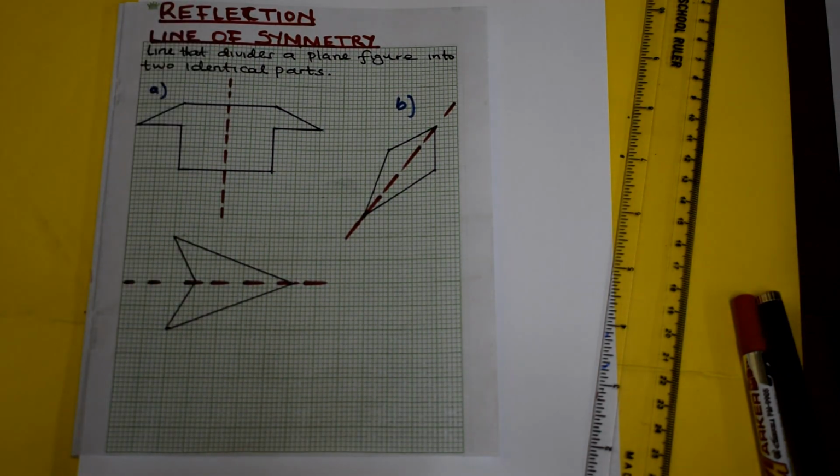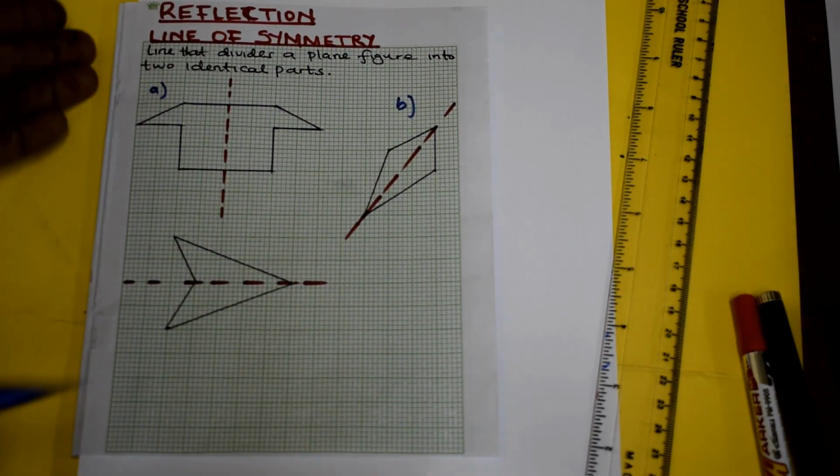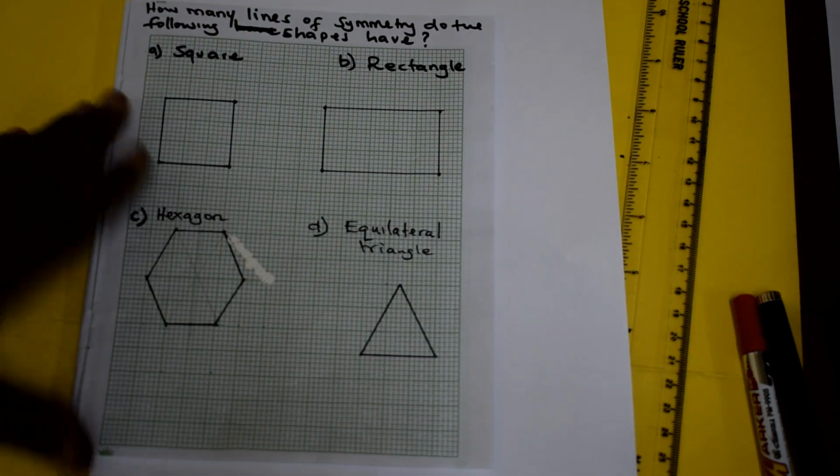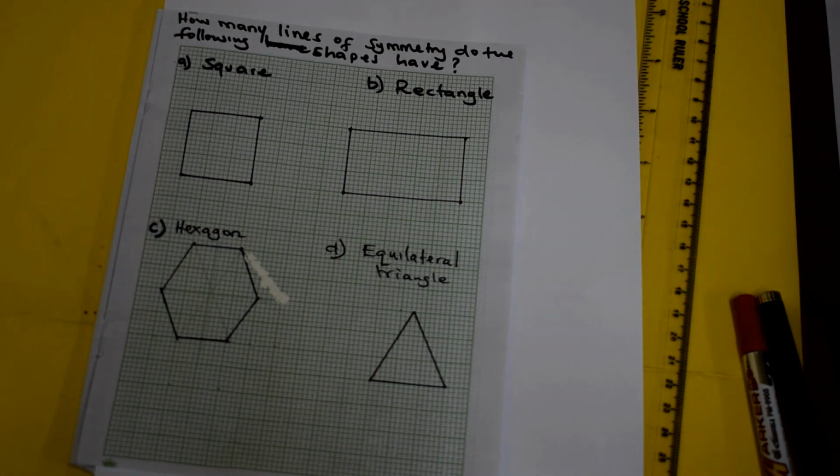So a line that divides a plane figure into two identical parts is called a line of symmetry, and it's very important for us to know about that. Now on to our next, we want to see how many lines of symmetry the following figures have. And we have a square.